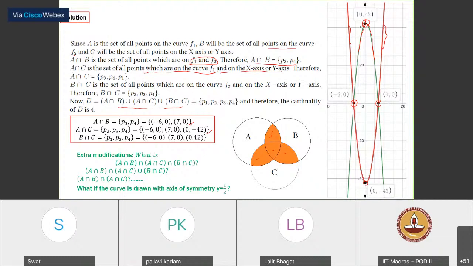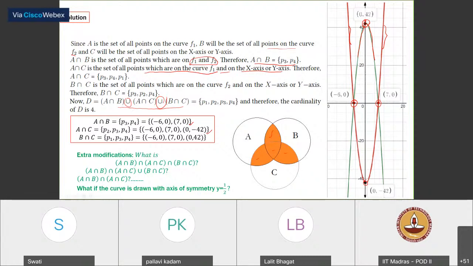Now I could think of a few modifications. If we place the intersection symbol in between these unions, try it at home if possible, and see what these give us: A intersection B, intersection A intersection C, again intersection B intersection C. If we do that, what is the cardinality coming?